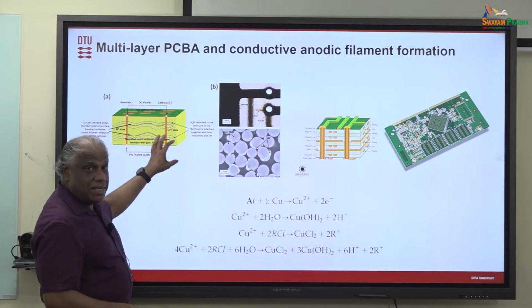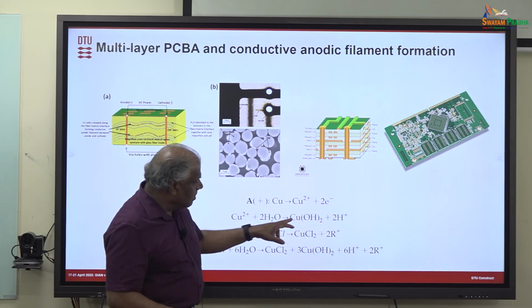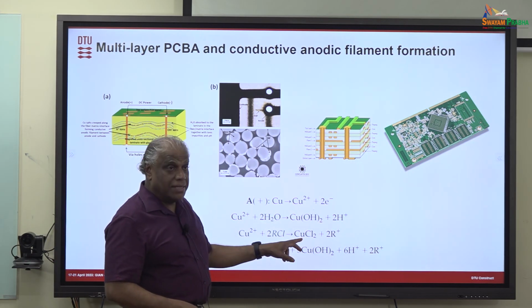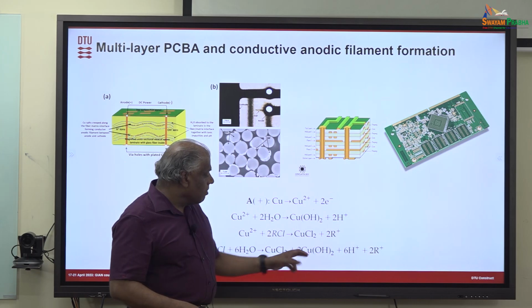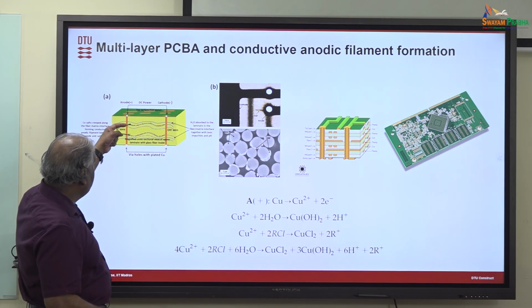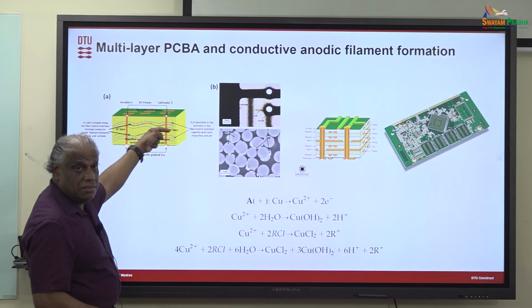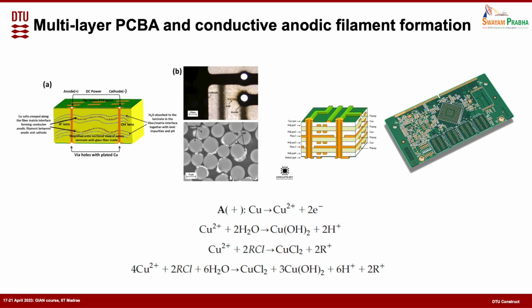So a very little amount of chloride is dissolved. Then this can also convert to copper chloride. This copper chloride and copper hydroxide mixture forms, and when it forms more, it will be pushed and pushed like this, and then you make a conducting bridge. That's what is called conductive anodic filament formation, which happens inside, and then you get the burning of the PCB again.